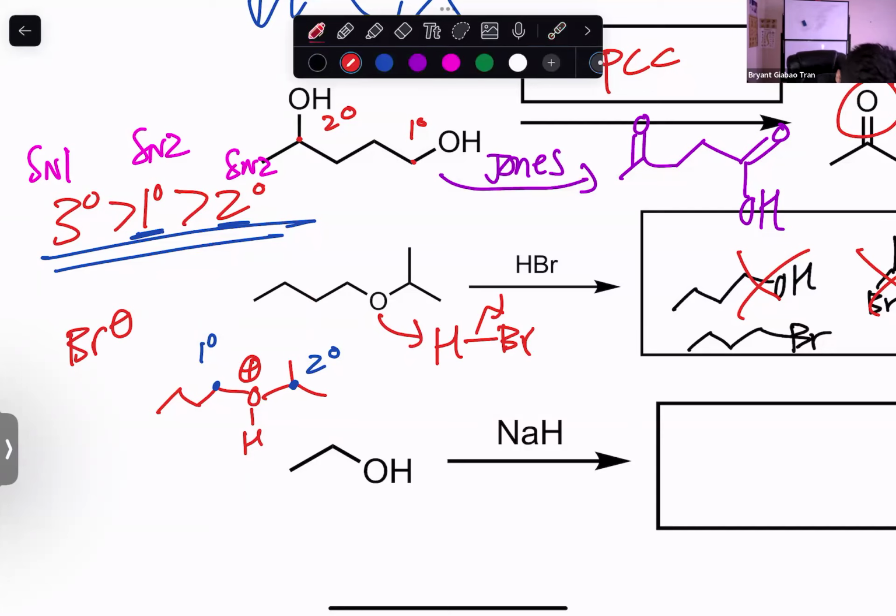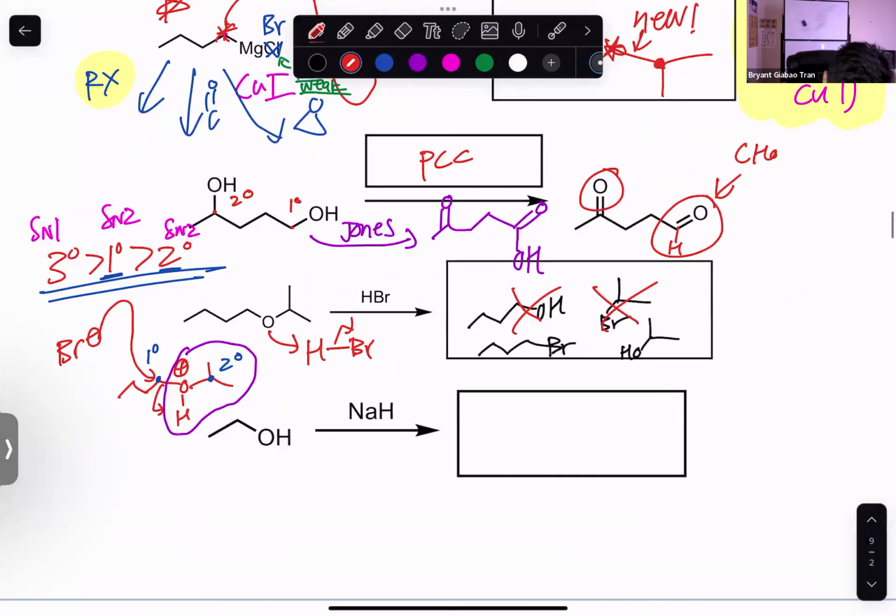We're gonna do SN2. This bromine here is gonna attack that carbon, and then we're gonna kick out this leaving group right here. Kick that out. Right, and that's gonna give us these right here. Right, this product where the bromine attacked that carbon, and then this leaving group that left right there.